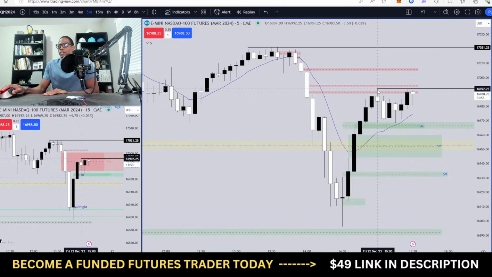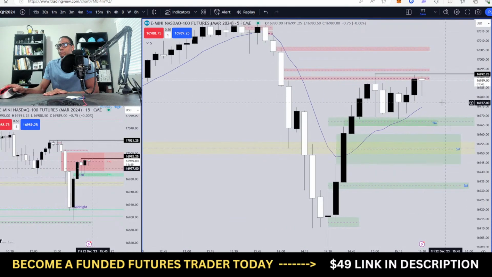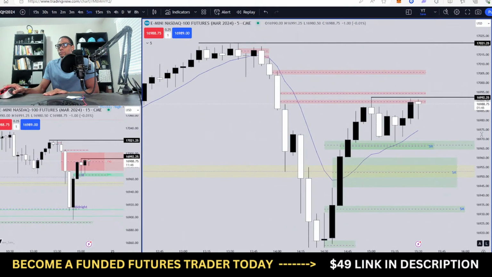Okay, let me just map out this high so we know when it's been swept, since that's the closest target we're looking for, or the closest target I'm looking for at least.